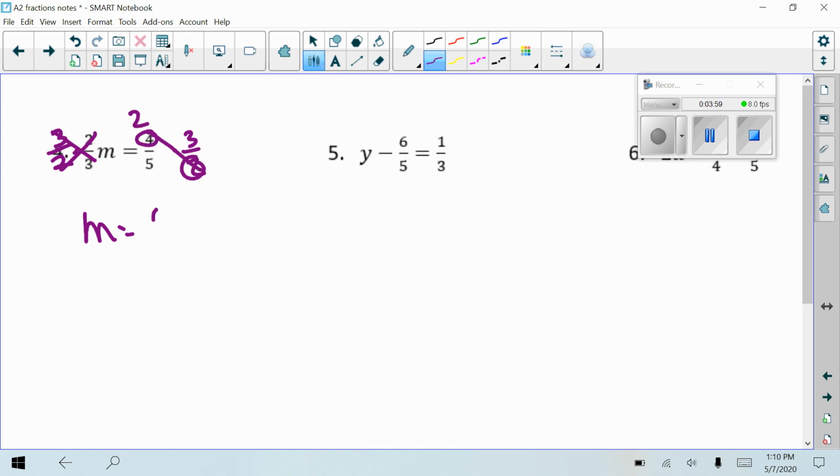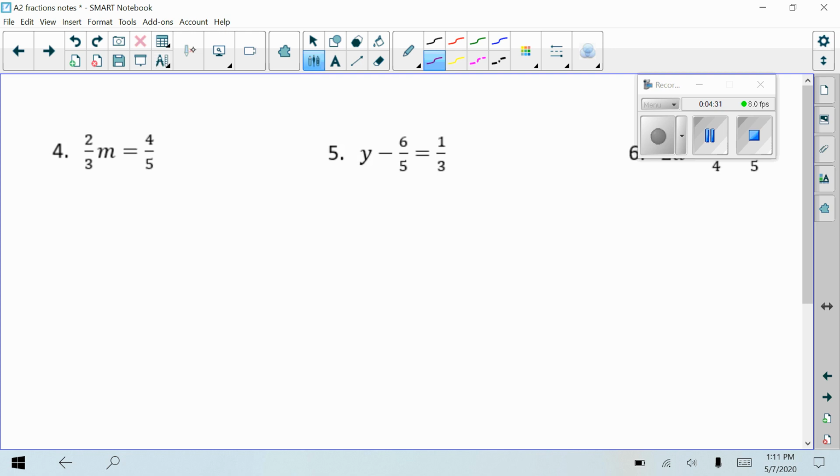So on the top, I have 6 over, and on the bottom, I only have 5 left because I've already simplified the 2, 6/5. If you want to do it a different way, if you don't like that simplifying, you can just do top times top, 12, bottom times bottom, which is 10. And then those both have a factor of 2, so divide by 2, you get the same thing. I just divided by 2 at the very beginning and went from there. It's up to you.